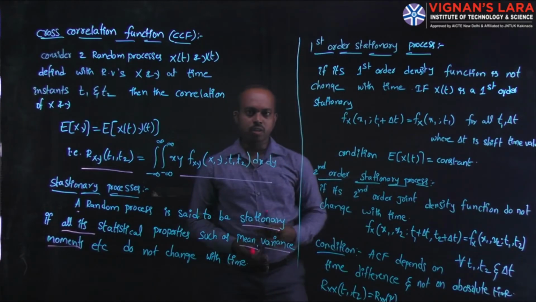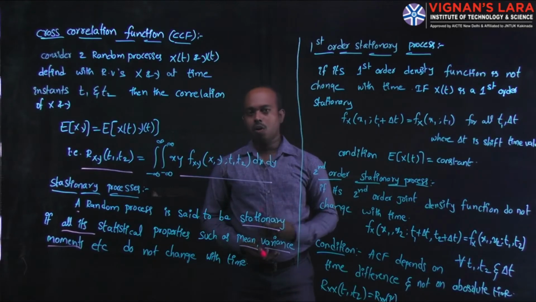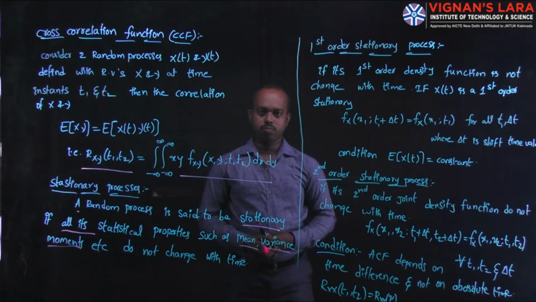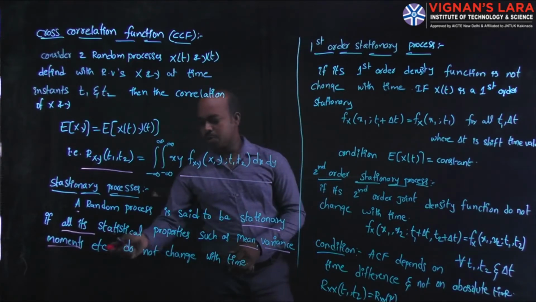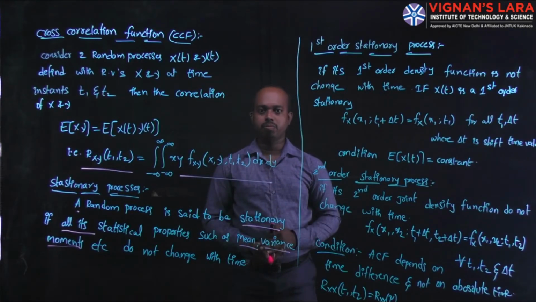I am repeating the definition of a stationary process once again. All properties of a random process, what are the properties we are considering here? They are statistical properties. Statistical means they are not changing with time; they have some constant values.